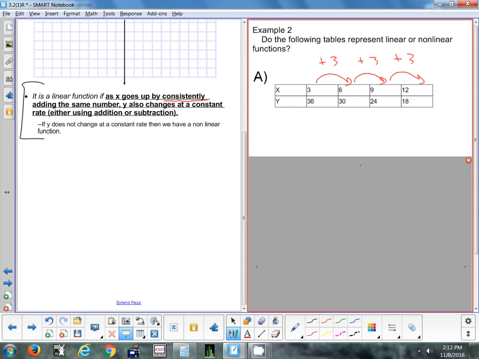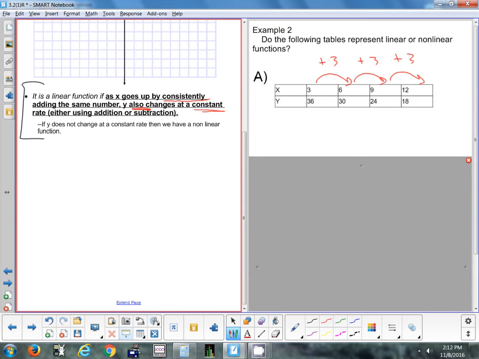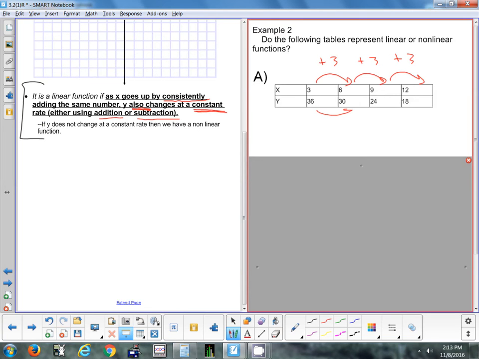Now the second thing is make sure y is also changing by the same amount each time. And it has to either be addition or subtraction. Either one is fine. So how do you get from 36 to 30? Subtract 6. Now, that has to be the pattern every time. If it is, we've got a linear table.